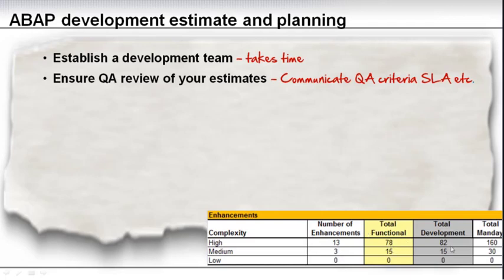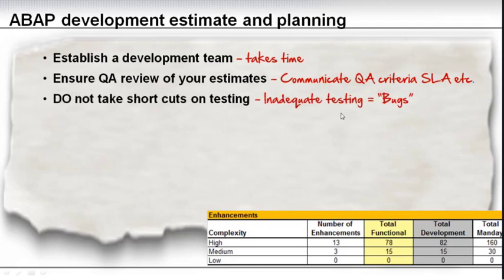So does this mean that it's tested and there are no more bugs? Or does it mean that we just deliver the first version for testing? So you need the QA criteria and service level for your development. You need to set that, you need to do a QA of it, and you need to communicate it to your team as well as any vendors.